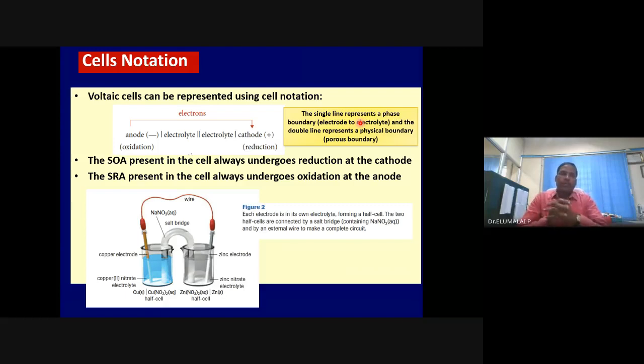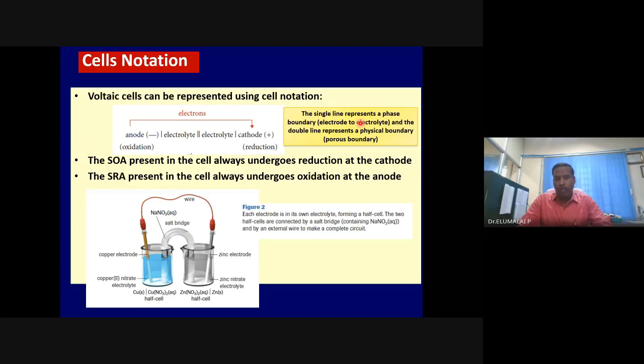So whether it is an electrochemical cell or an electrolytic cell, it has three components: anode, cathode, and electrolyte. How do we universally tell it with an acceptable notation, an acceptable symbol? That is called cell notation.